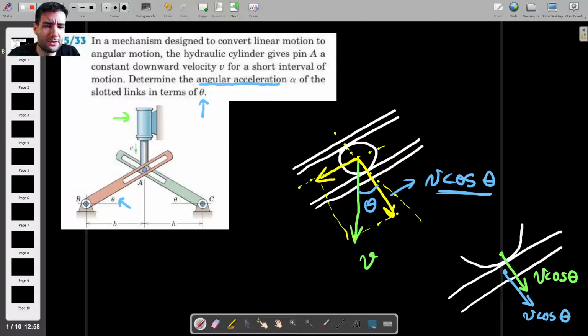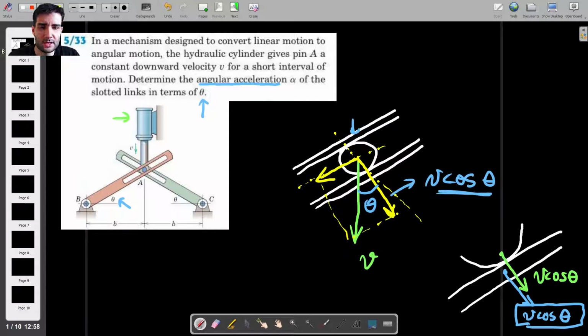Because if the velocities are not the same, it means maybe the pin is advancing faster, which means that it's melting into the link, which doesn't make any sense. And if the link is moving faster, it means the pin is melting into this part of the link, which again doesn't make sense, right? They're both solid objects. So the velocity of the link is therefore v cosine theta.